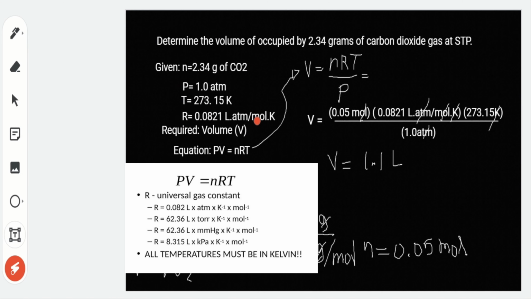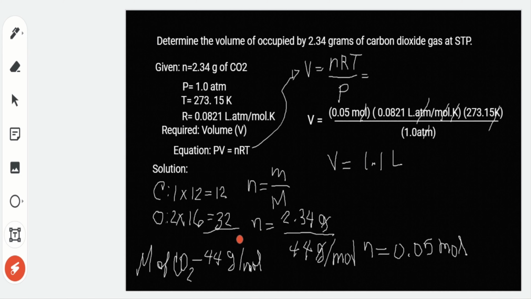Yun ang gamitin mong value ng universal gas constant. In our examples here, ang unit kasi natin ng ating mga pressure, temperature, and other given is naka liters for our volume, atmosphere naman for our pressure, for our temperature, it must be in Kelvin all the time, and of course, the amount of gas is in moles. So, kanina, nag-convert pa tayo ng grams to moles.